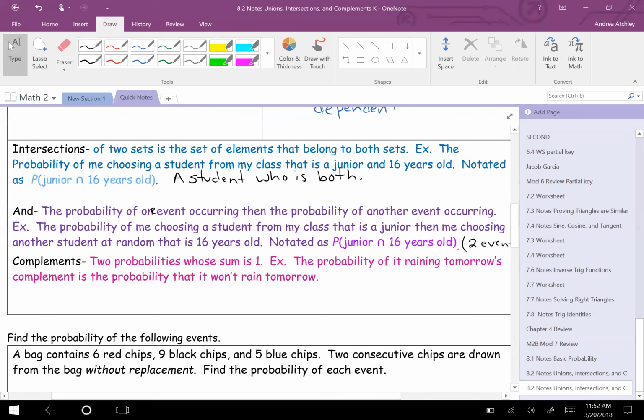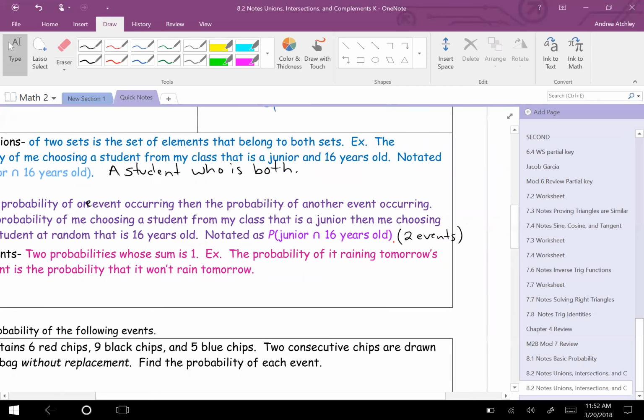Would this be an intersection or an "and"? How many events are happening? 2 events. Which one had 2 events, the "and" or the intersection? "And" is 2 events. Intersection is 1. Okay, an intersection is me choosing a 16-year-old who is a junior. This, on the other hand, is me choosing 2 different people, one that's a 16-year-old and one that's a junior.